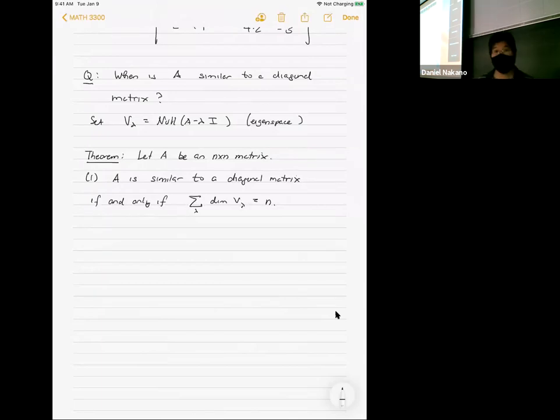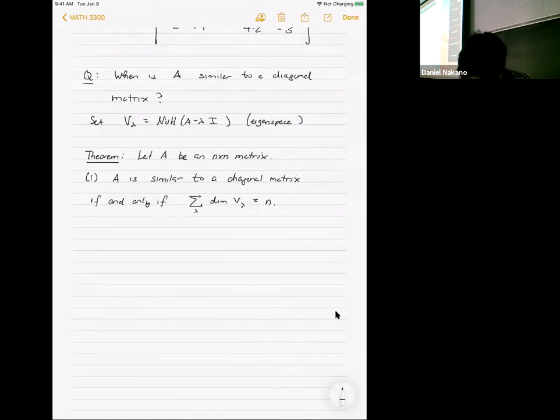So what I do is I take all the eigenvalues for A, compute the dimensions of the null spaces for every single one, and sum up those dimensions. And if the answer is equal to n, then it's similar to diagonal.